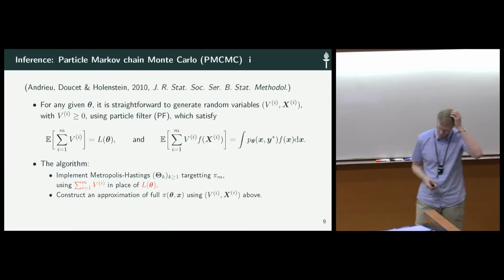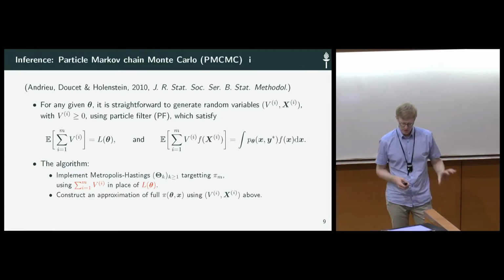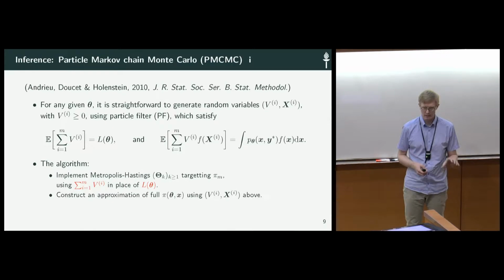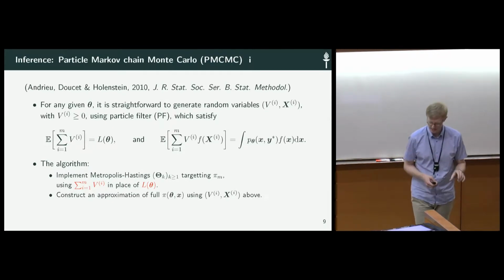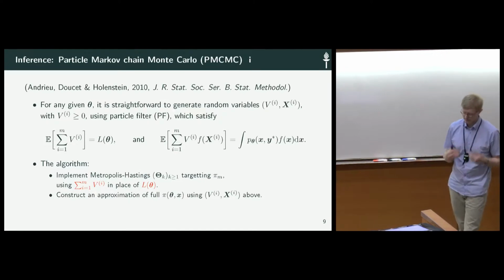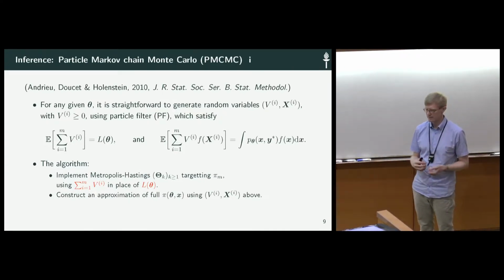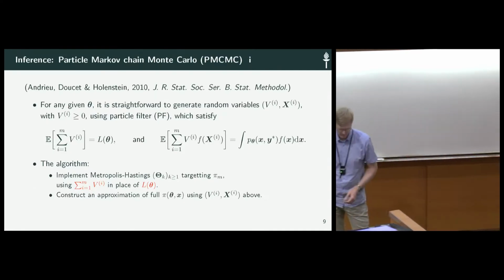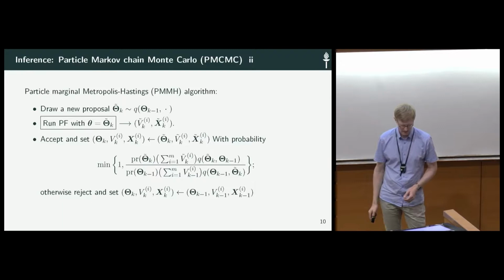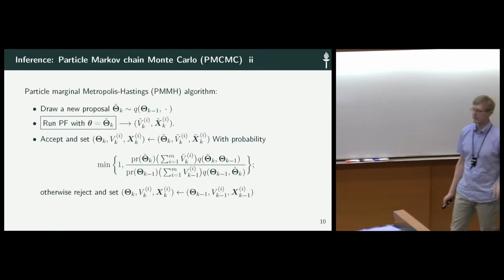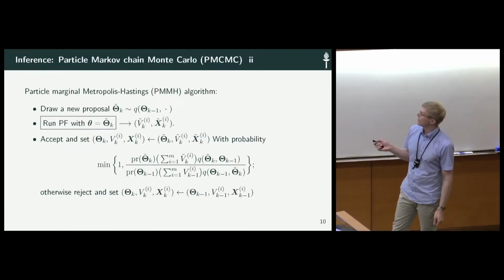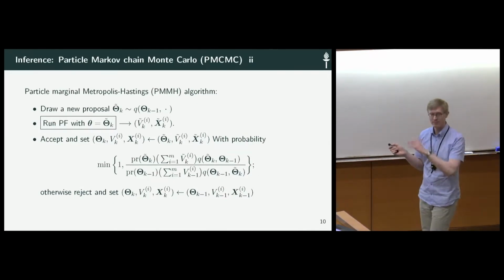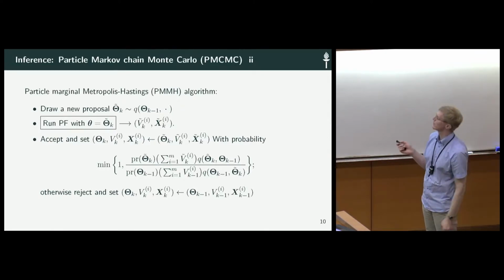Right, so I'm going to go into more detail on one of the particle MCMC methods, which is the particle marginal Metropolis-Hastings algorithm. It is really just the Metropolis-Hastings algorithm where you plug in the particle filter in a nearly obvious way. Here it is in detail, so if you didn't know this before, it also fixes notation, because I'm going to talk about variations of the algorithm in a moment.